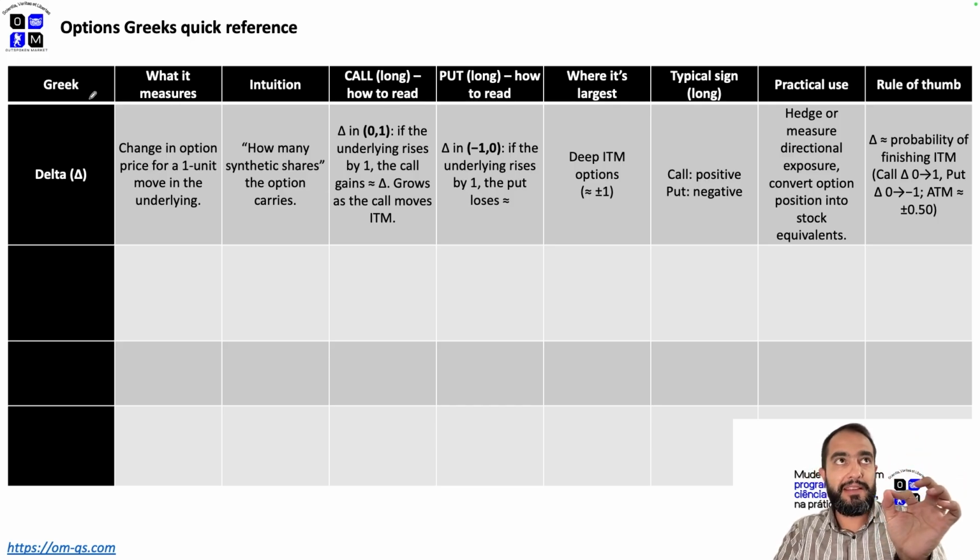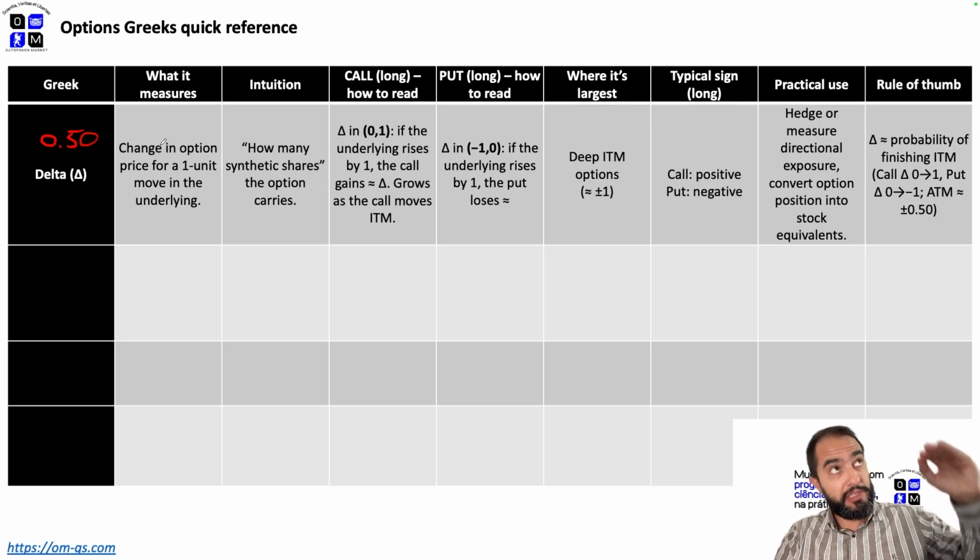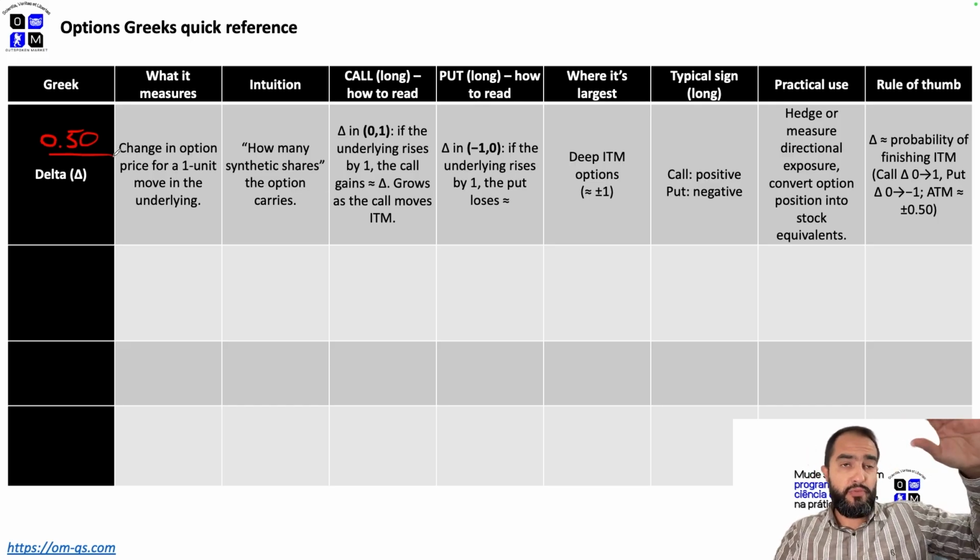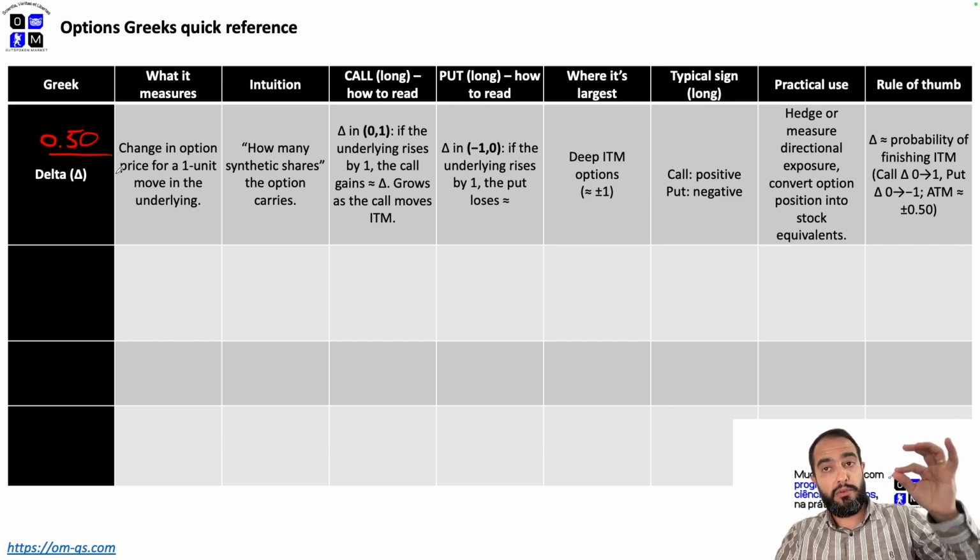So if your delta is 0.5, for example, if that underlying asset goes from 100 to 101, your option is going to move 50 cents. If for whatever reason your option already has a price of $1, it will go to $1.50, meaning that you're going to earn 50%.